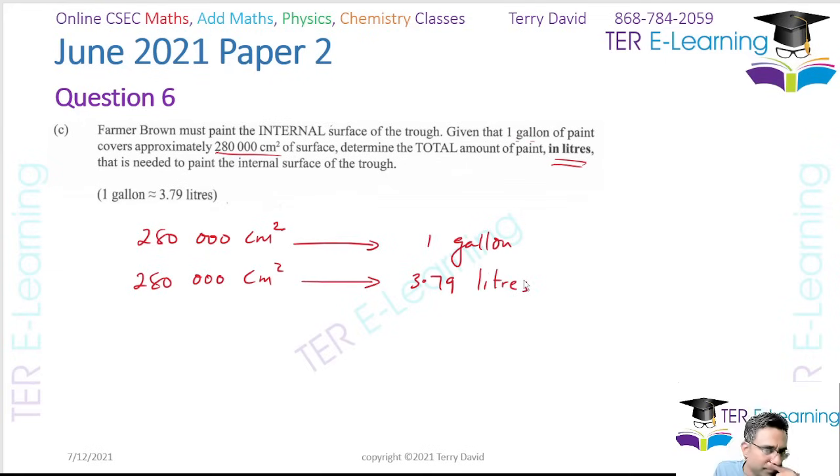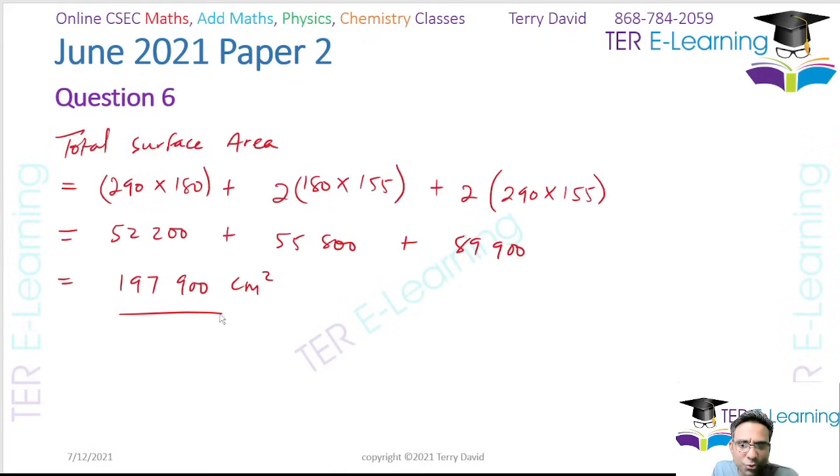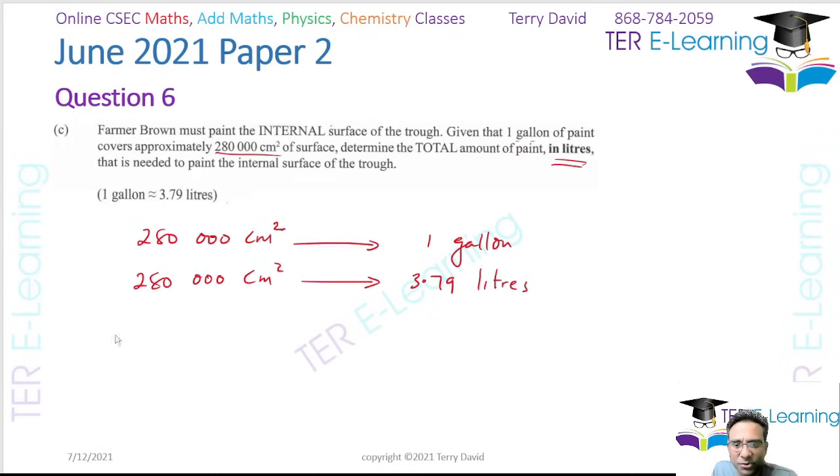So we know that our total surface area is 197,900 cm squared.